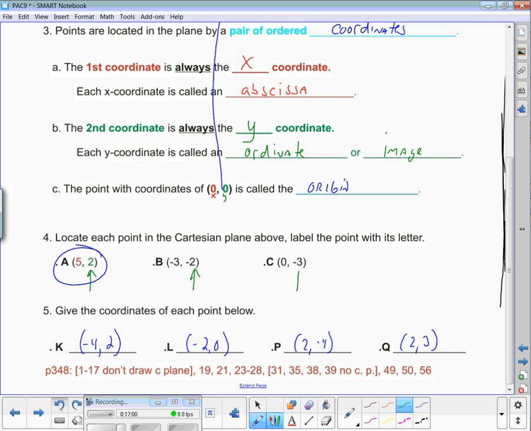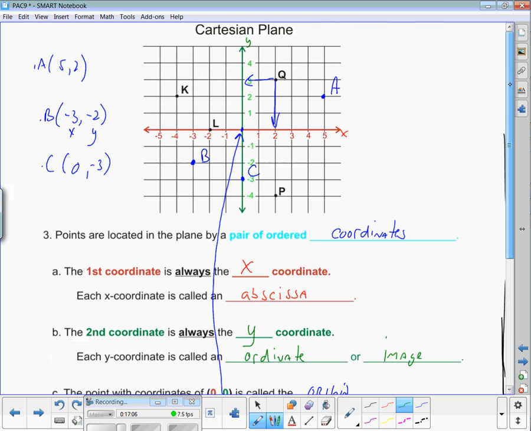All right, so what have we talked about? We've talked about a Cartesian plane, also called a coordinate plane. We talked about a horizontal axis, the x-axis. We talked about a vertical axis, the y-axis. We talked about them intersecting at a point called the origin with coordinates (0, 0).